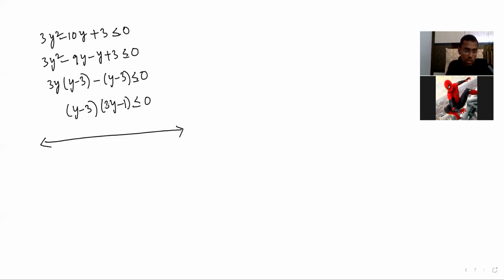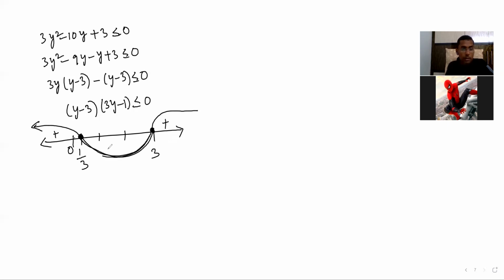Now, let's say this is 1 by 3 and this is 3. If you take more than 3, what you get is positive. In this range, let's take 1 and 2 and 0. In the outer ranges you get positive, but in between you get negative values.